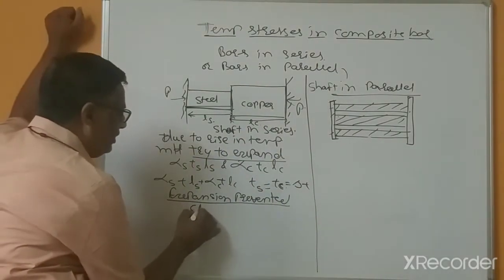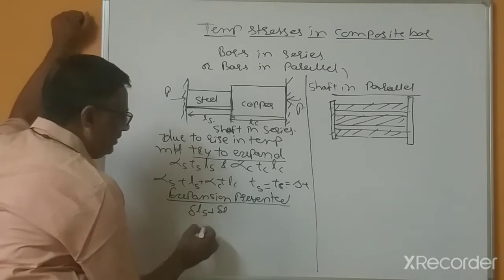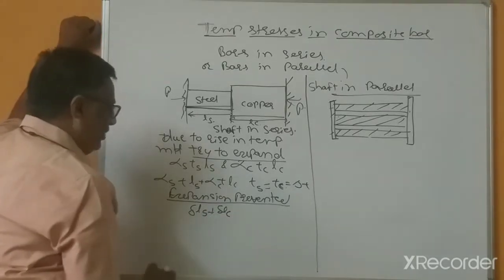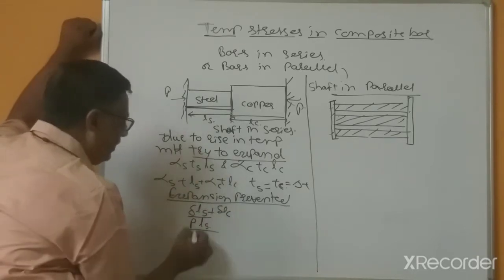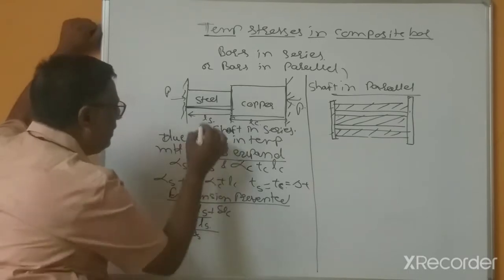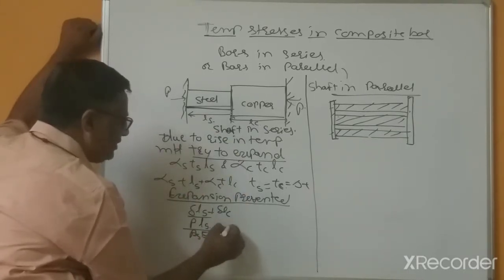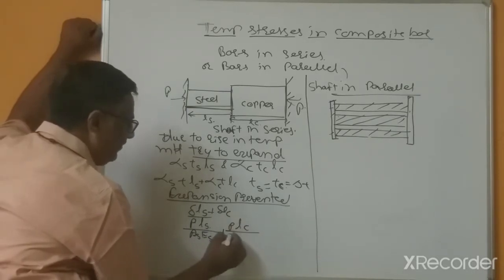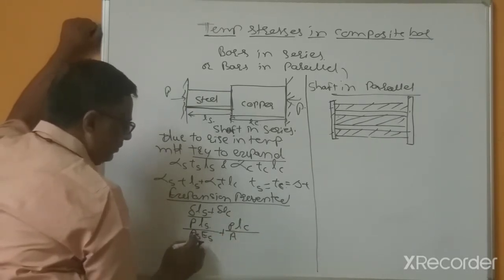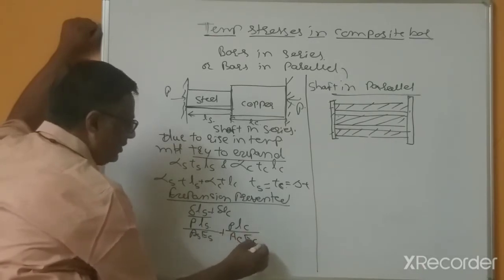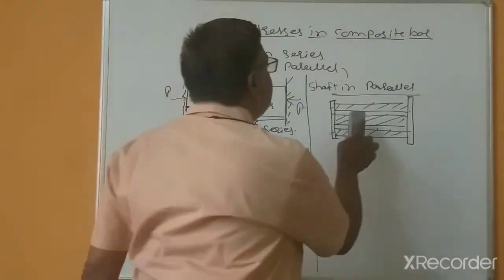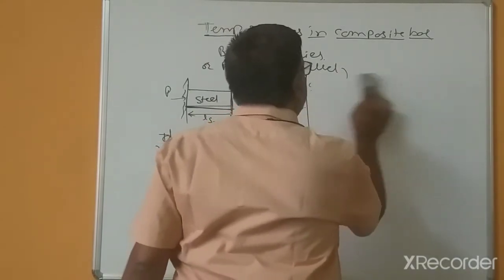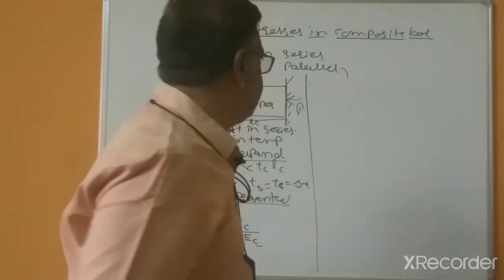So we can write delta L S plus delta L C. Delta L S equals P into L S divided by area multiplied by Young's modulus, plus similarly here L C, A C and E C. Shaft in parallel we will see afterwards. First we will see shaft in series.